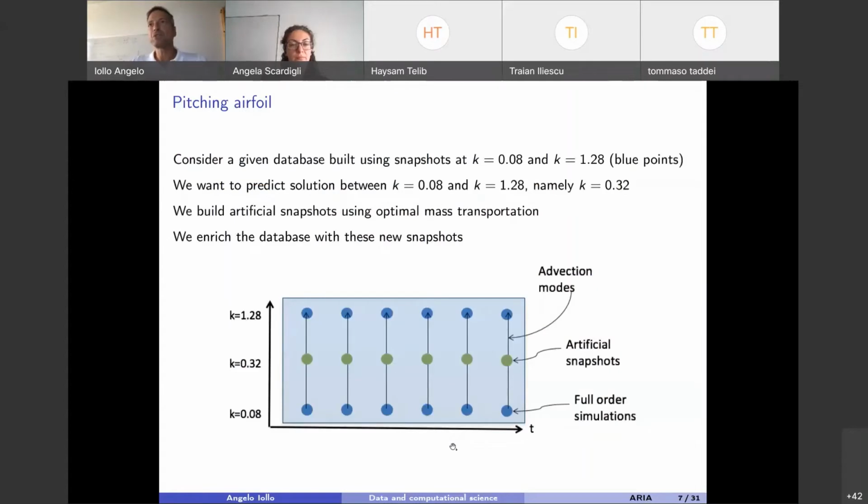So our idea was, okay, let's exploit the nonlinear interpolation that Monge can provide us. Let's define a PDF from the square root of the Mach number and then map from a frequency that we know that we have in the database, K, for example, say 0.08, let's map each snapshot to the frequency that we also have in the database.